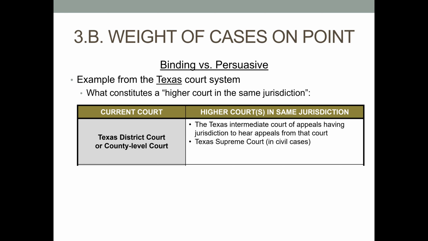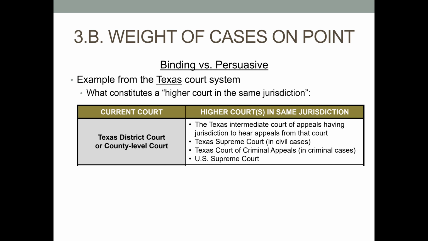So if your client has a civil case in a Texas district or county level court, then the Texas Supreme Court's opinions would be binding on that court. By contrast, if it's a criminal case pending in one of those trial courts, then the Texas Court of Criminal Appeals, which is Texas's supreme level court for criminal appeals, its opinions would be binding on the trial court. Now, finally, I'm going to list the U.S.